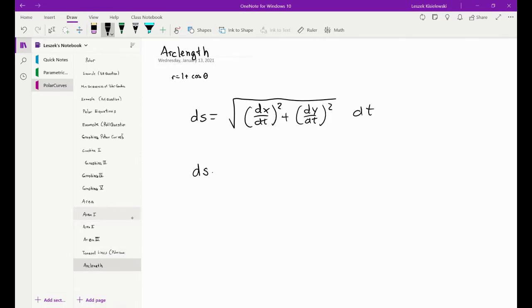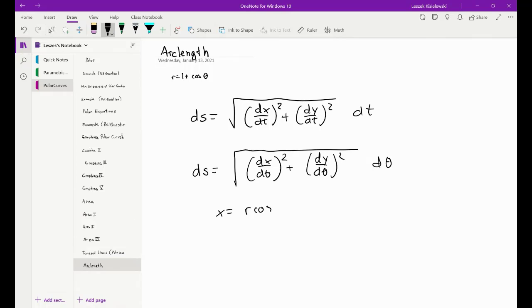So we're going to get the differential arc length element as the square root of dx d theta squared plus dy d theta squared, d theta. And since x is r cosine, differentiating that with respect to theta and remembering that r is a function of theta, we use product rule to differentiate.